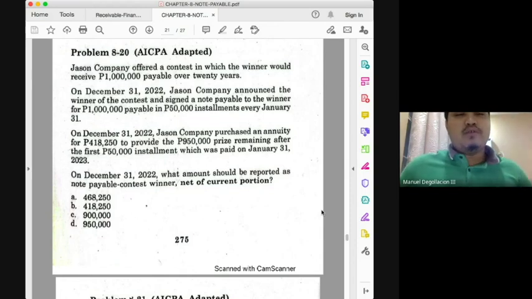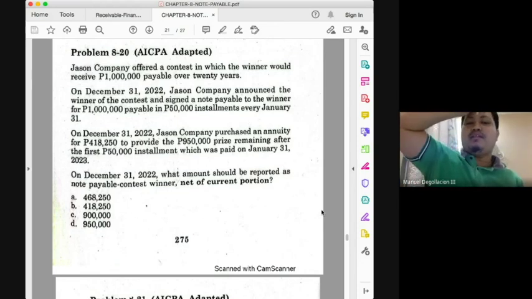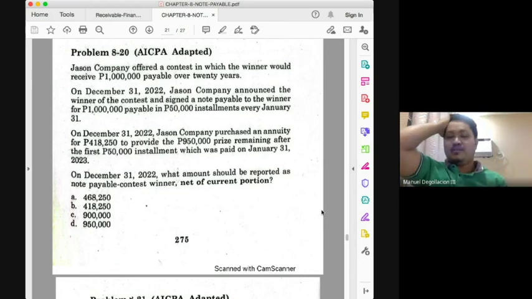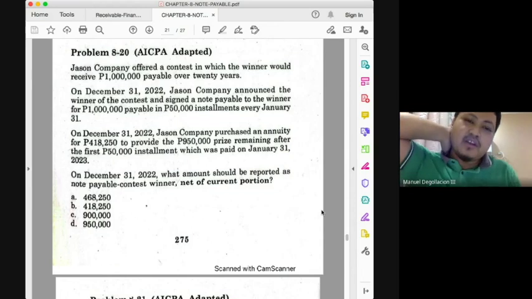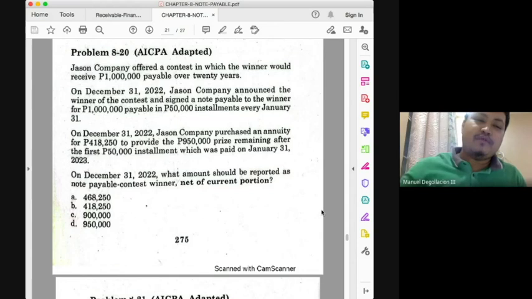Okay, so out of the 1 million, the 50 is current, the 950 is non-current because it's payable more than 12 months from the reporting period. But it's wrong to say that your notes payable will be at 950,000 because the 950,000 is not at present value. Okay, and even though we are not given a factor, the present value here would be 418,250 because it serves as the fair value.